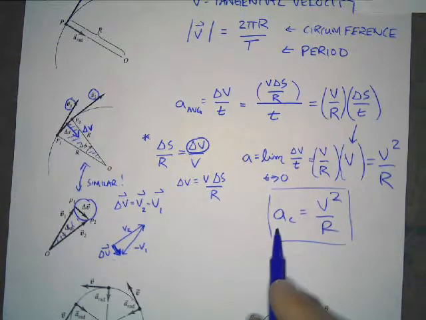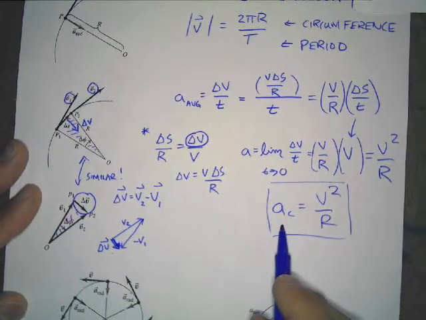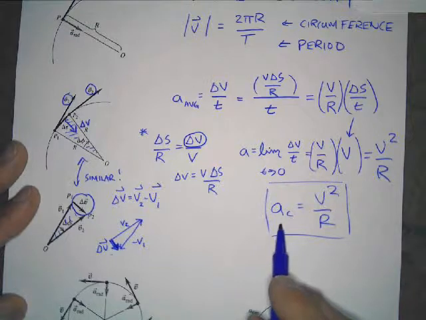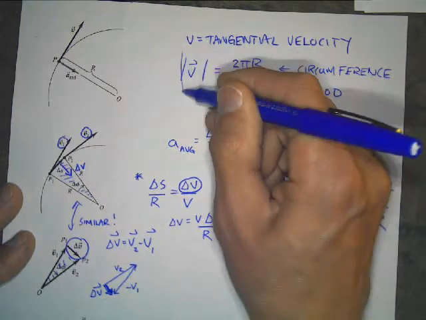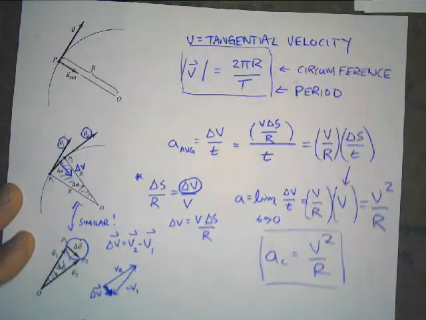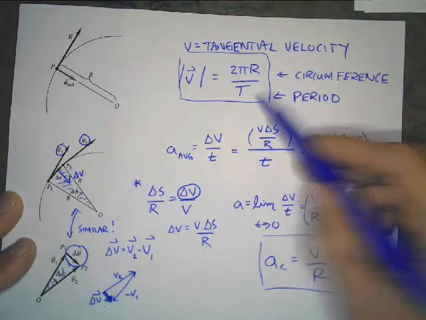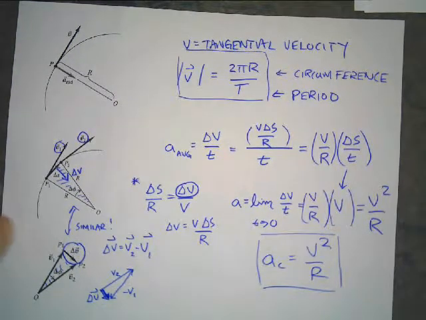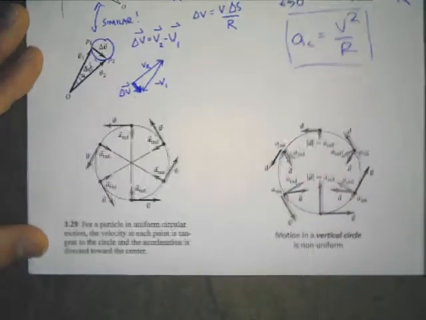And that will give you an acceleration in meters per second squared, which is basically the acceleration which makes you turn in a circle. That acceleration does not make you go faster or slower. All it does is it turns you. That's it. Okay. And then typically in problems, if you want to find that velocity, you go back up here, and you have to find the velocity usually by knowing the radius and the period and working with that. Okay. So that's kind of the idea of that.